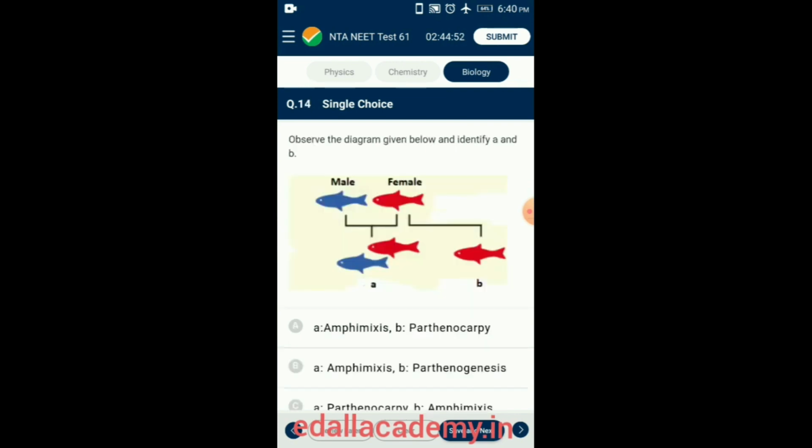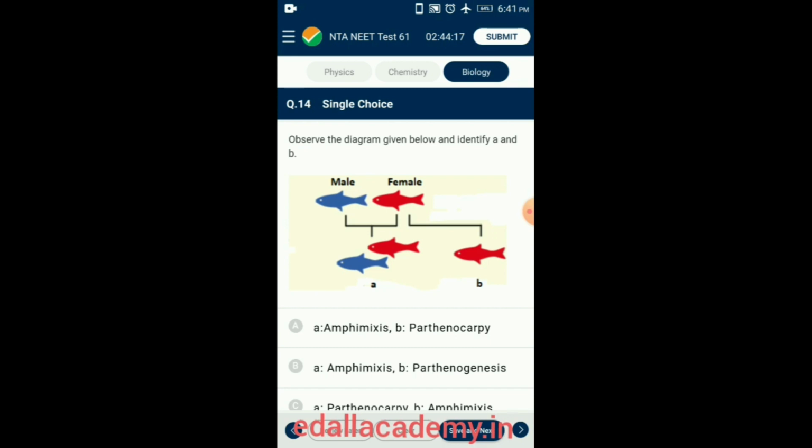Question number 14. Observe the diagram given below and identify A and B. Amphimixis is the sexual reproduction where the two gametes from two parents fuse to produce the offspring. Parthenogenesis, generally called parthenos meaning virgin, genesis meaning descent, is the development of a new individual from a single gamete without fusion with another gamete.